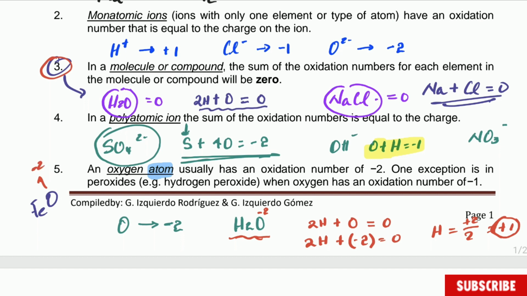It's always going to be minus 2, except for hydrogen peroxide. In hydrogen peroxide, it's going to be minus 1. Please, you have to be careful with that exception. Why? Because sometimes in the exam, they ask you about the exception to see if you understand the work. Otherwise, it's always going to be negative 2.